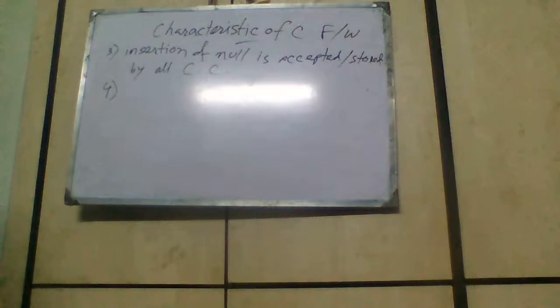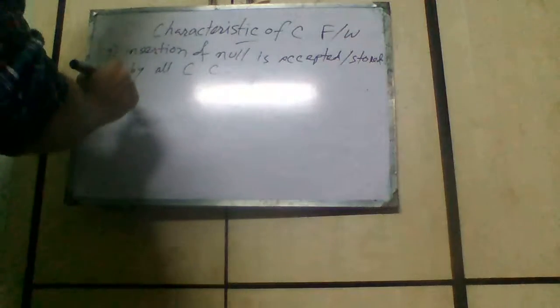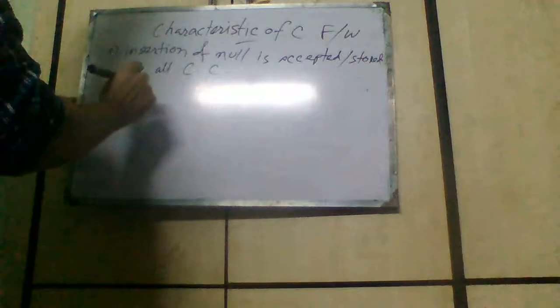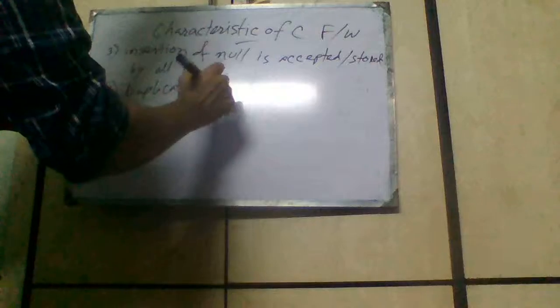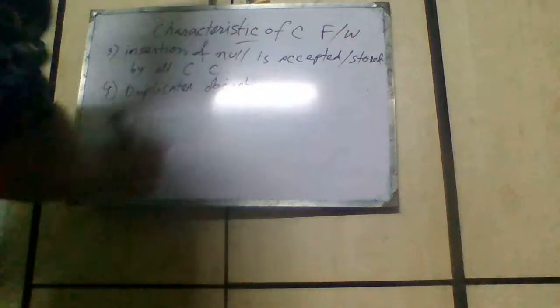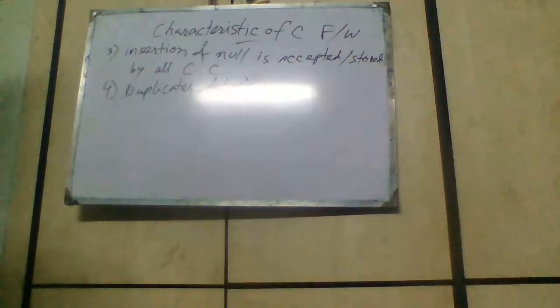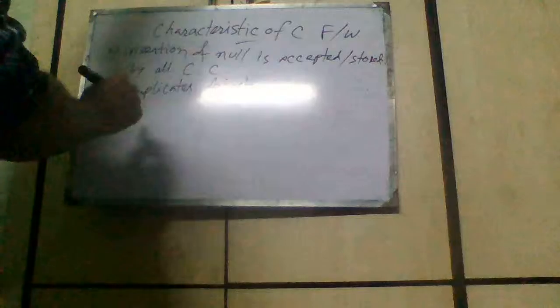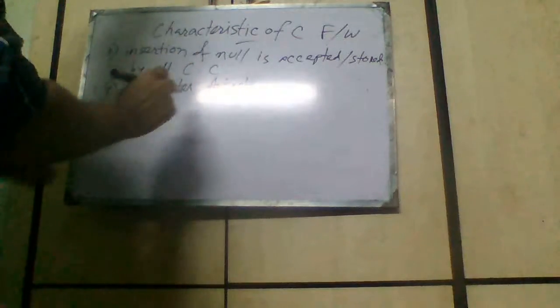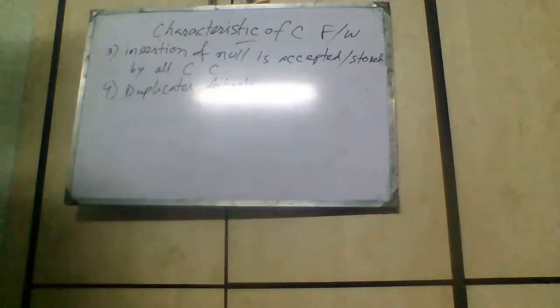Number four is duplicate objects. Some classes are able to store duplicate objects, whereas some classes don't.